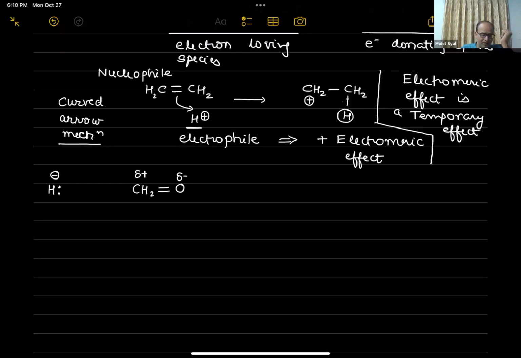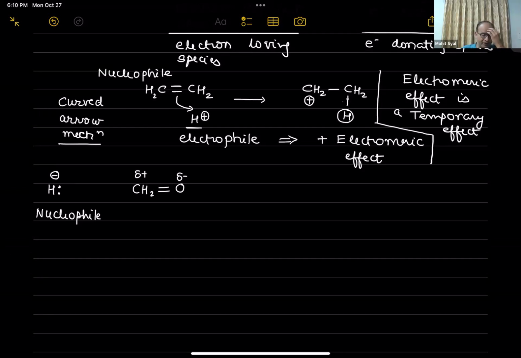So is it an electrophile or a nucleophile? Nucleophile. Yes, this is a nucleophile. Now, to which atom will it share its electrons?